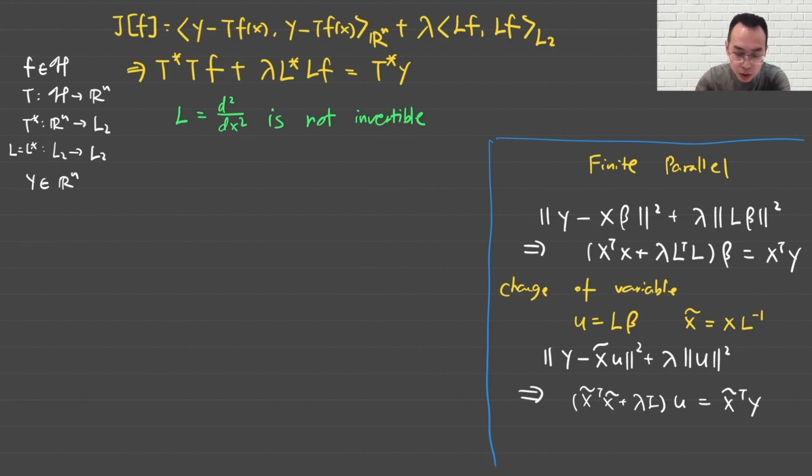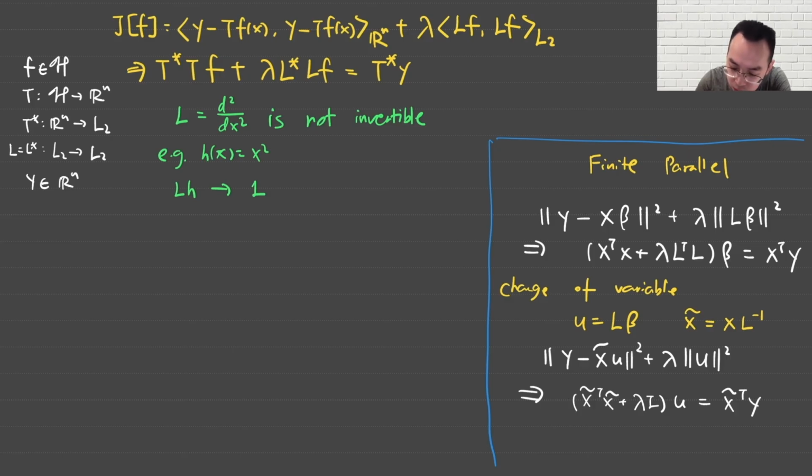Well, let me just give you a very easy example. Suppose we have a function, let's call this h(x) equals x squared. L acting on h is going to give us 2, which is the second derivative.